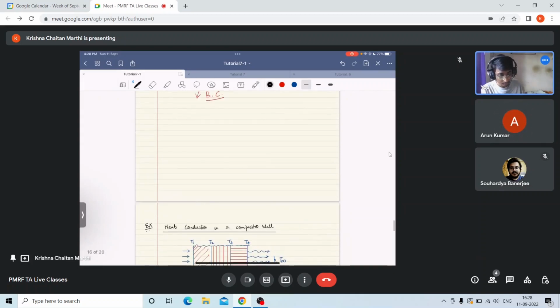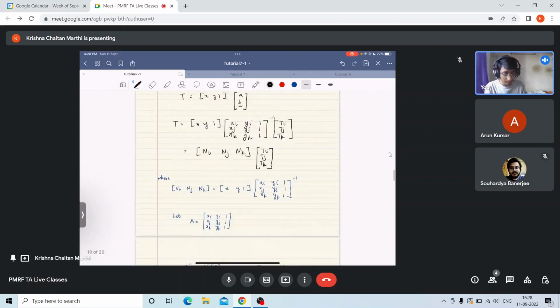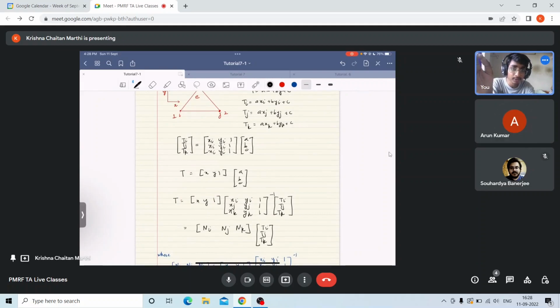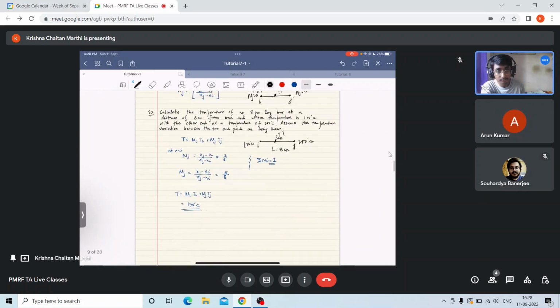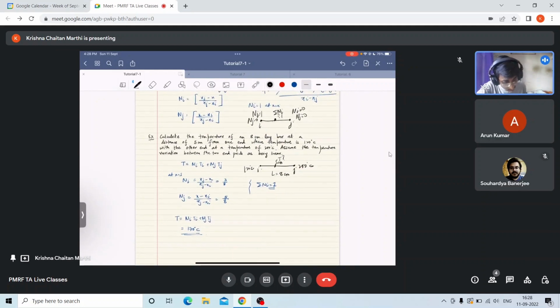But here I am just considering simple problems where you are considering only one element and the nodes are at the boundary itself. So you don't need to know the intermediate temperature. So here temperatures are known for the problems which we are doing. Like this problem, we know the temperature at both the nodes. If the temperature is not known, then we have to solve a global matrix, which we will look at later.